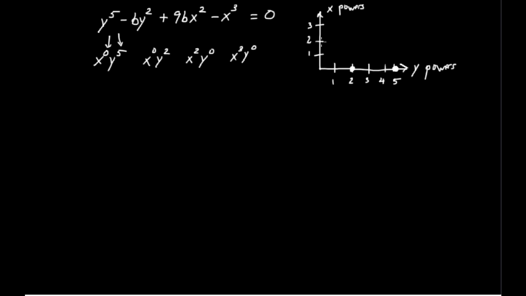Here we're going to plot it right there. 2 powers in x, 0 powers in y. And this term here, we have 3 powers in x and 0 powers in y. What we have now is we've converted this equation into a chart here.